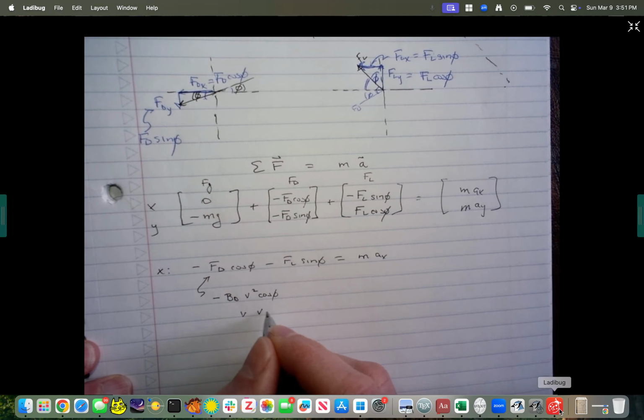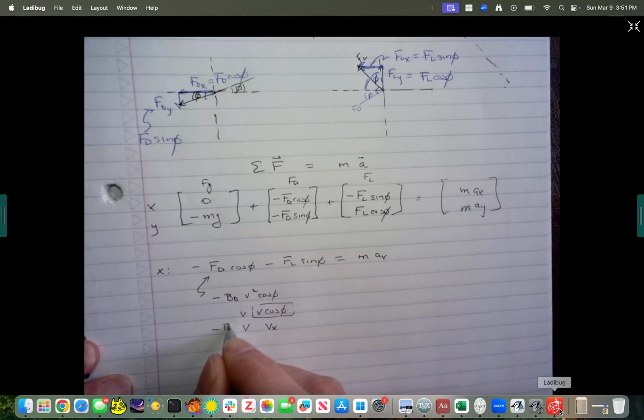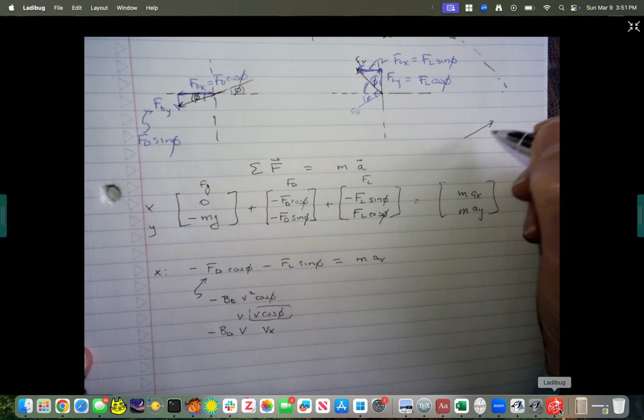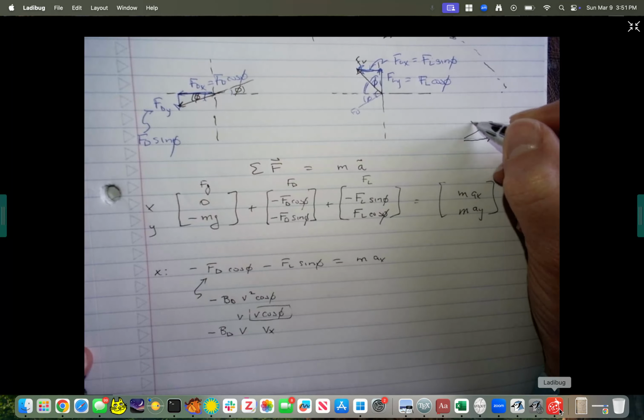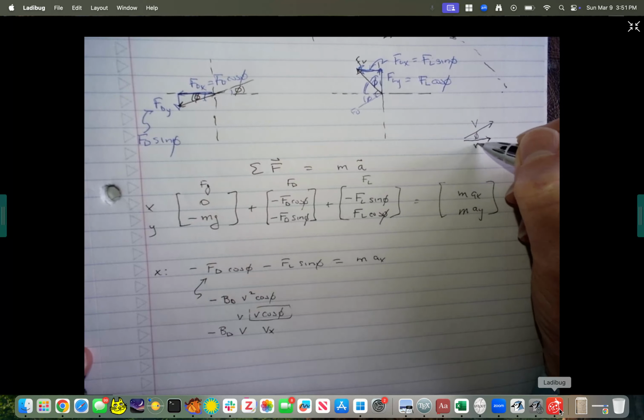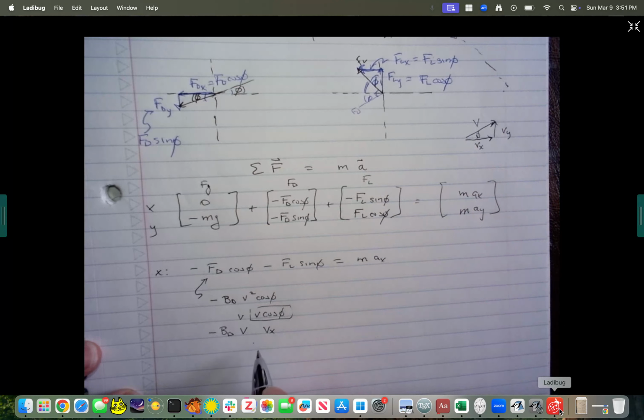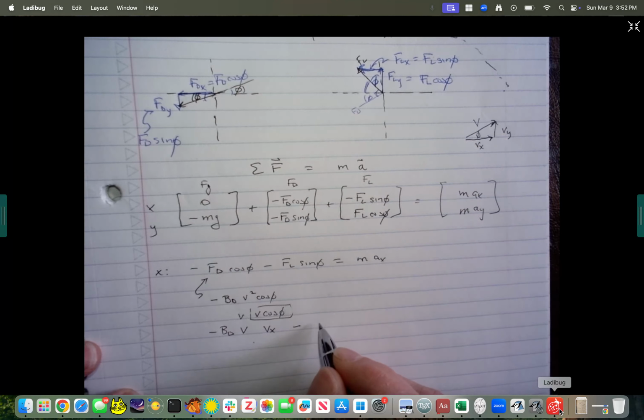So that's v cos phi, and this is actually our x velocity, right, because that phi is defined by the velocity vector. And then we have minus the force of the lift.